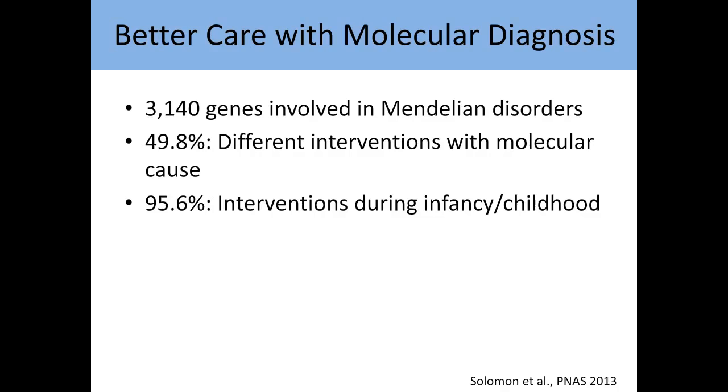Of course, there are many more Mendelian disorders than this, since the causes of not all of them have been discovered, and some genes might have multiple, sometimes even more than a dozen, different allelic conditions. So I went through and counted one by one to think about what could be done differently. Would medical care be different, more tailored, if we knew the underlying molecular cause? And almost half the time, you would do different interventions with molecular causes.